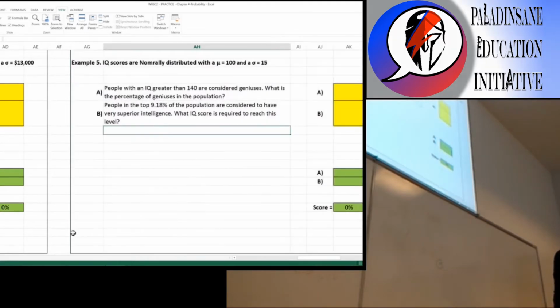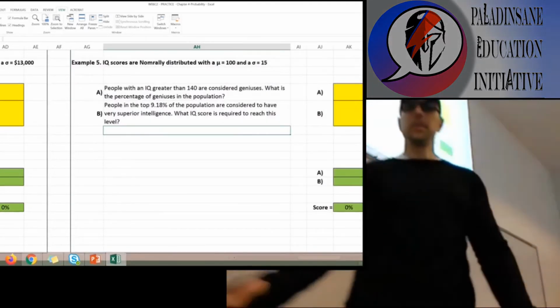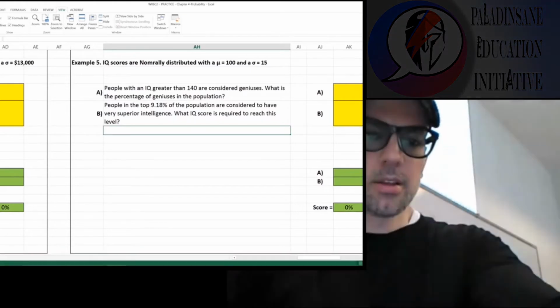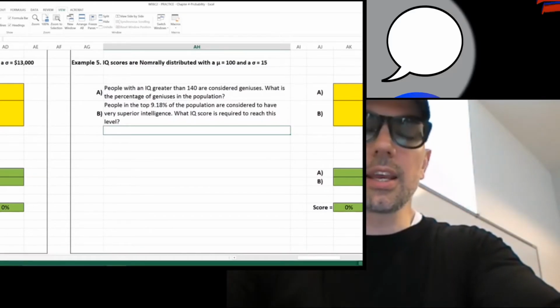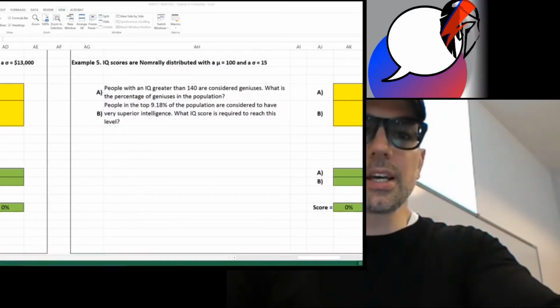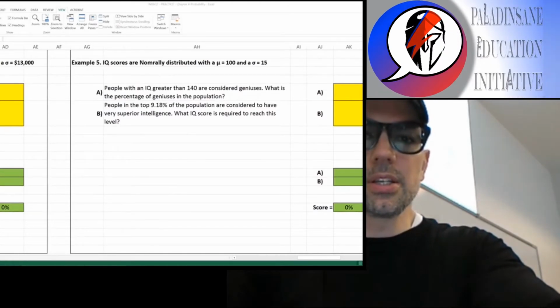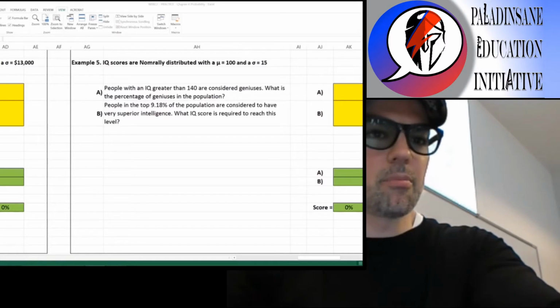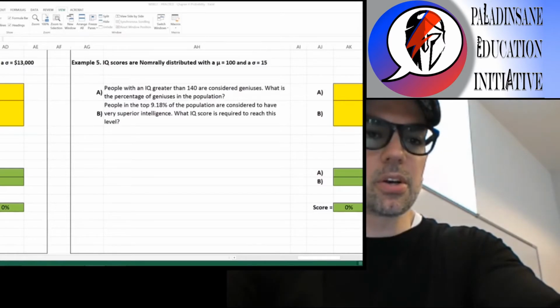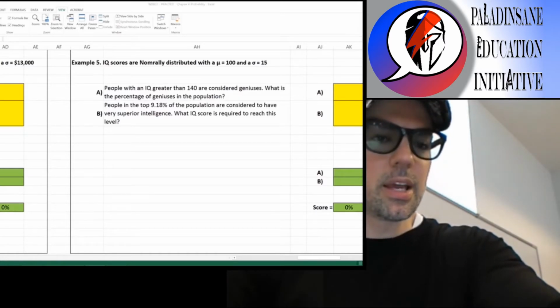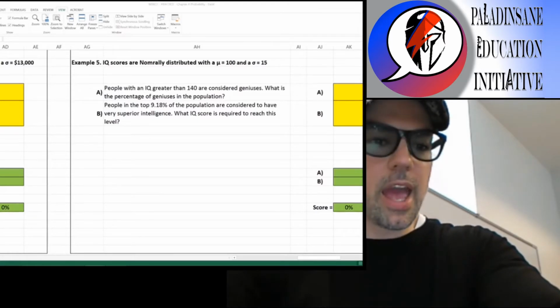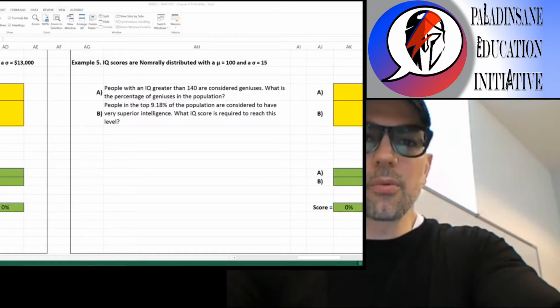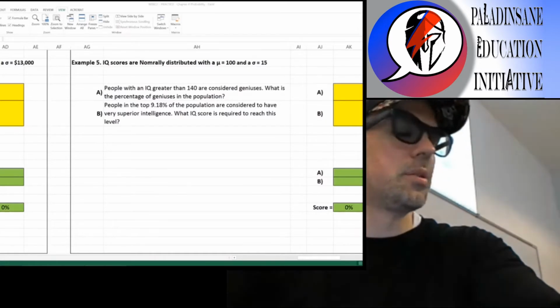Now, one thing to keep in mind, these have steps to them, just like hypothesis testing does. It might be a good idea to have the slides ready to go, so that you're not doing what I'm doing right now. Let me see if I chose the right slides here.